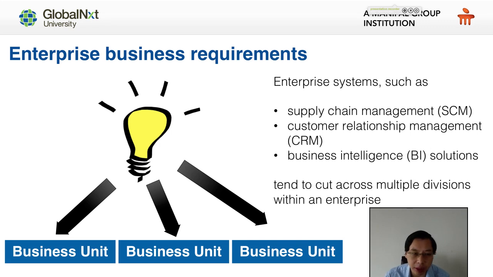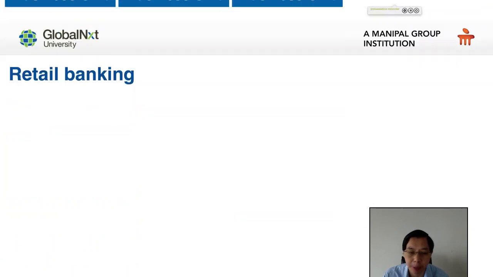And that's what we mean by the enterprise view of things. There are business objectives, there are business applications that really sit across all these separate business units, and they don't belong to any particular business unit.